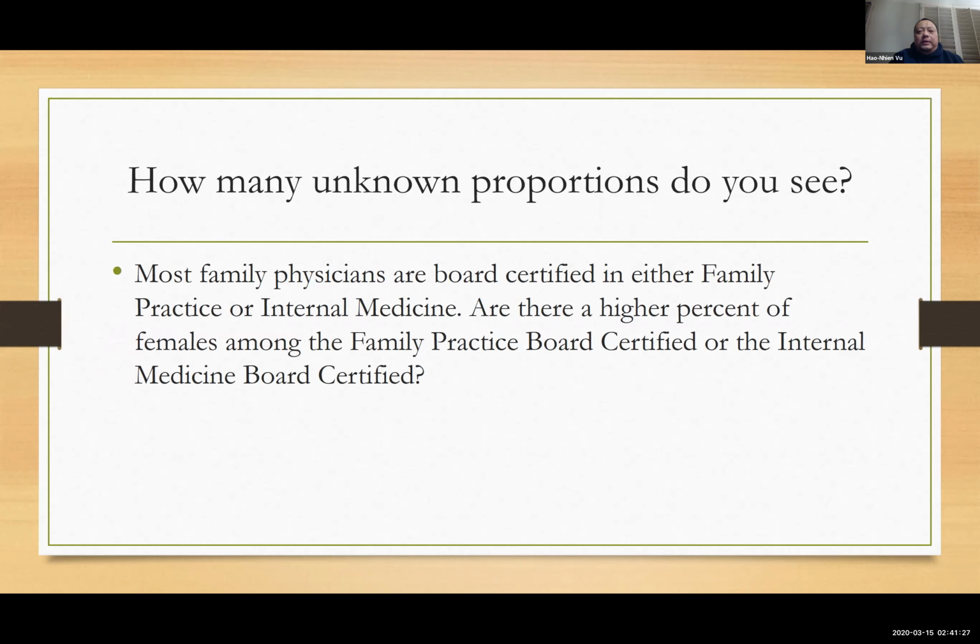Right? So let's take a look at this example and tell me how many unknown proportions do you see? Okay, how many populations do you see? And do they both have unknown proportions, or does one of them have a known proportion? Right, so hit pause and think about it, and we'll resume.